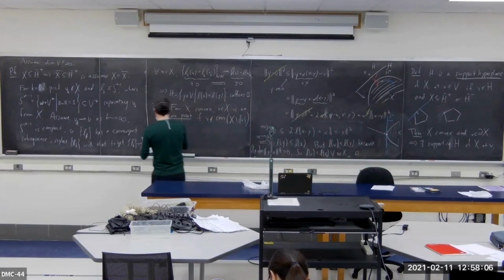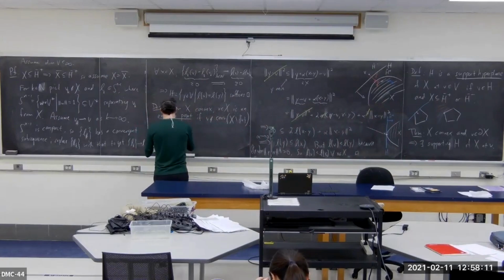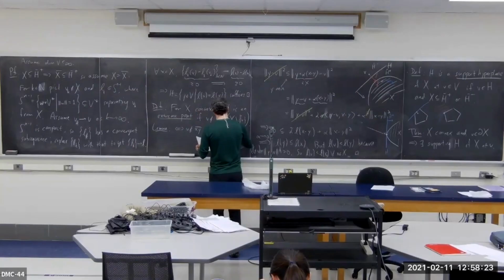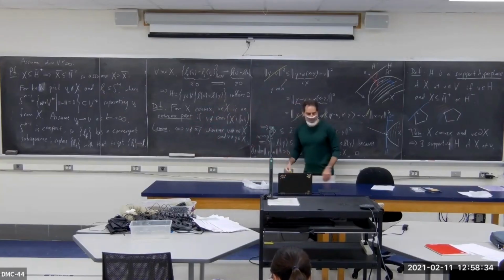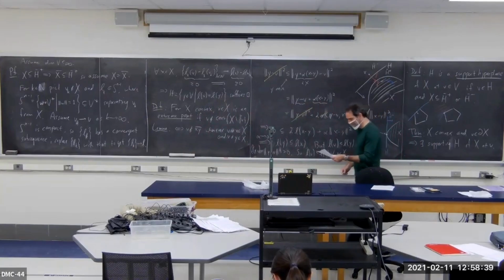Lemma. This occurs if and only if V does not lie in any line segment between x and y, whenever V is not equal to x in capital X, and V does not equal y, which is in capital X. So as long as V is not either x or y, it can't be in the line segment between x and y.